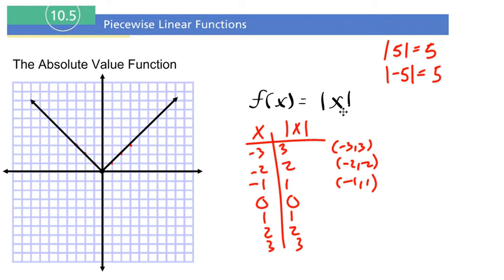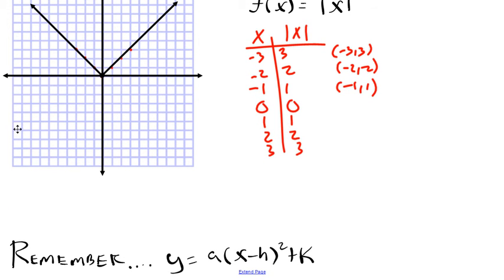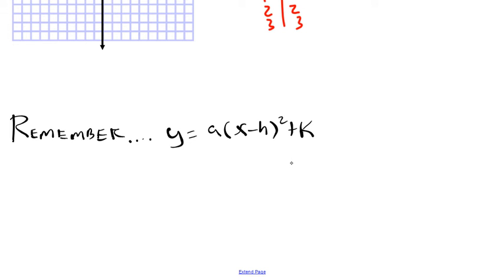That means there's no stretching and no shifting, like you learned earlier in chapter 10 when you had to graph quadratics and parabolas. Those had shifts and stretches, right? In the same way, we're going to do stretching and shifting here. You learned earlier in this section that y equals a times the quantity x minus h squared plus k. This is the general form of a quadratic, where the vertex is h, k.